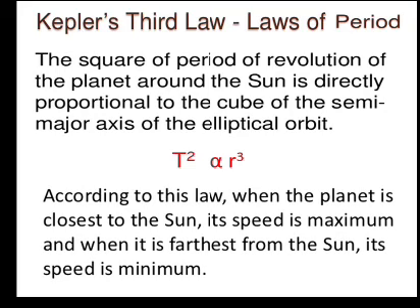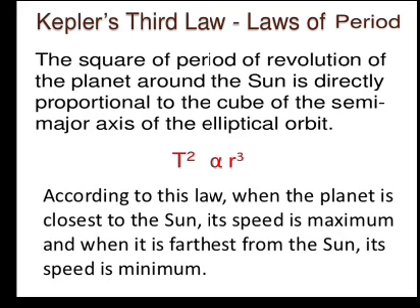That means when the planet revolves along the elliptical path, as shown in the previous slide, when the planet is near to the Sun, at that time the radius of the orbit is less, and the time period is small. Time period is small, that means velocity is maximum.